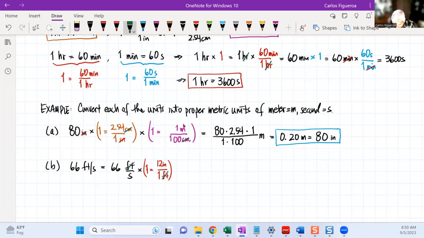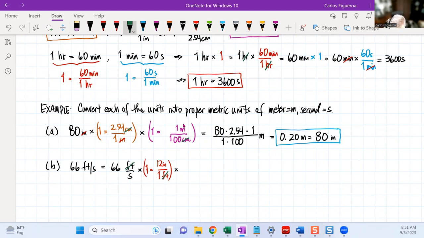So now I have inches per second. Now, the next thing that I got to do here is convert inches into centimeters. We already used that before. We saw that 1 inch was exactly equal to 2.54 centimeters.